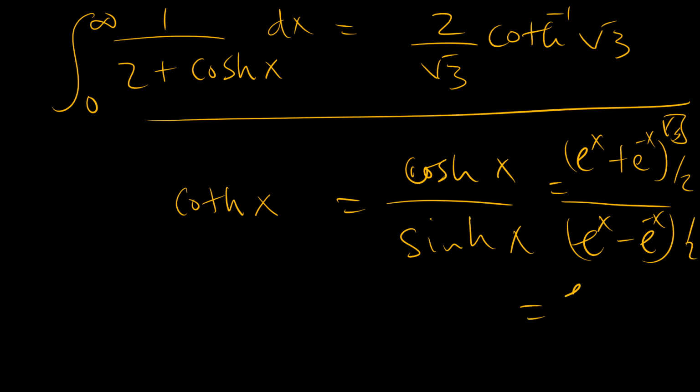So this becomes e to the x plus e to the power negative x over e to the x minus e to the power negative x.